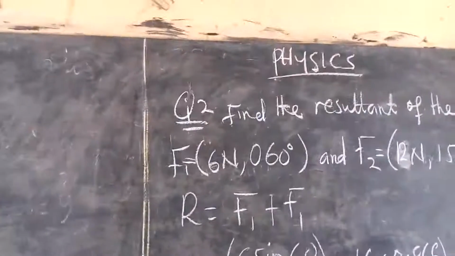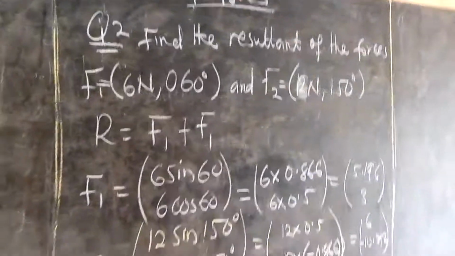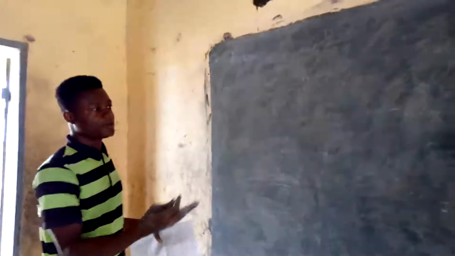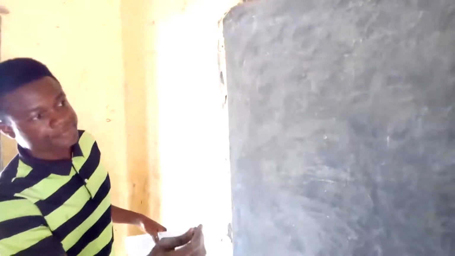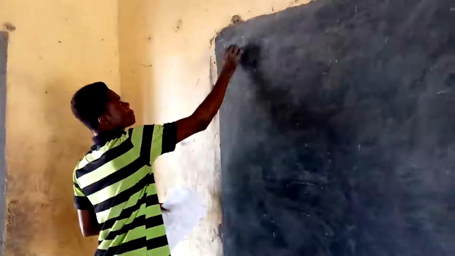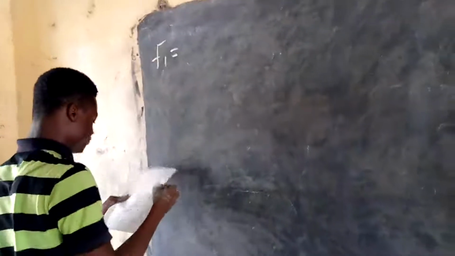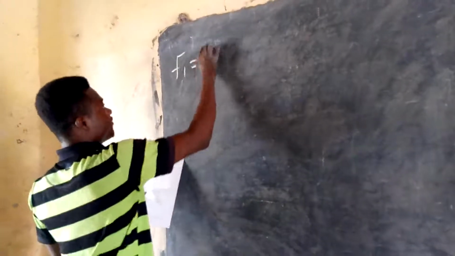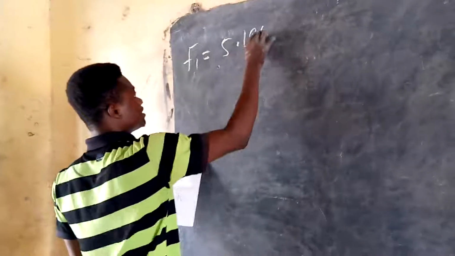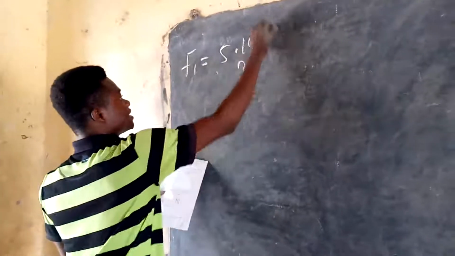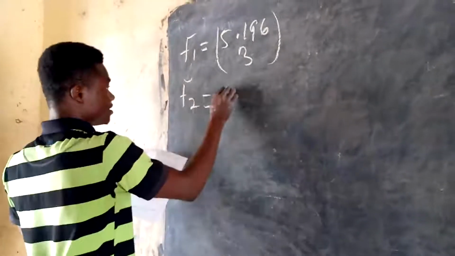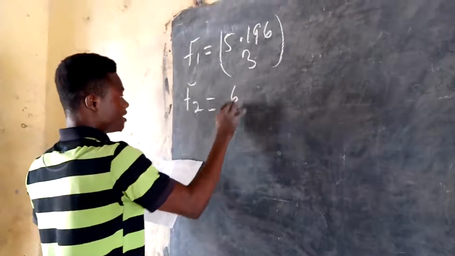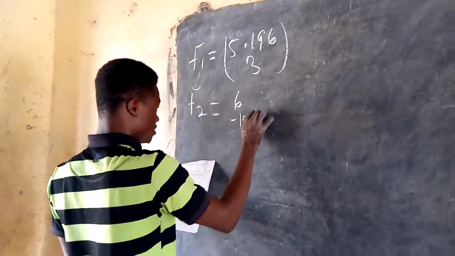And we know that the resultant of forces, which is R, is the sum of the forces F1 and F2. We now know that F1 is finally equal to 5.196, then 3. My F2 is equal to 6, minus 10.392.